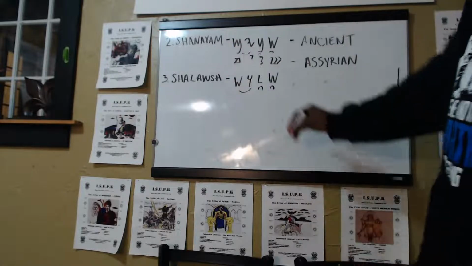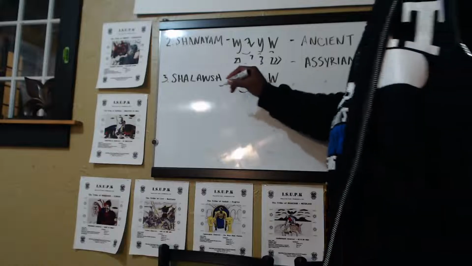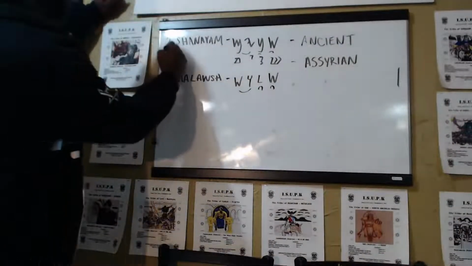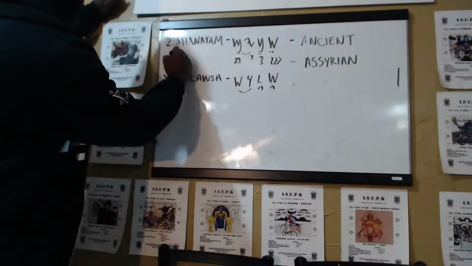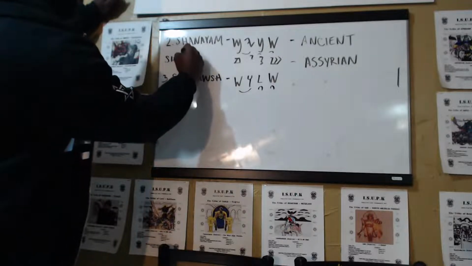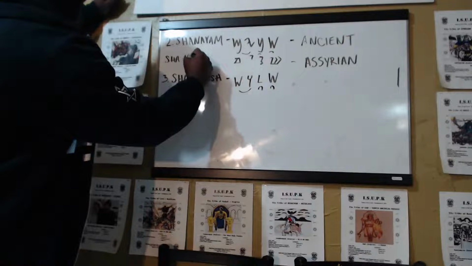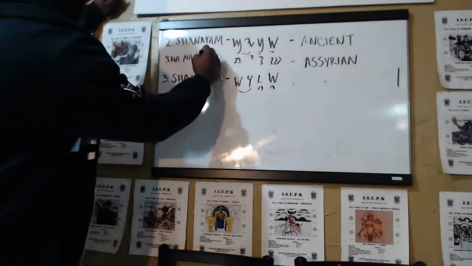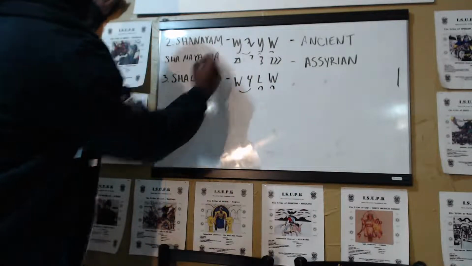So, like I said, normally if you wrote that out, let's go back to number 2 for a second. If you wrote that out, you would have the sh, the na, the ya, and the ma, right?